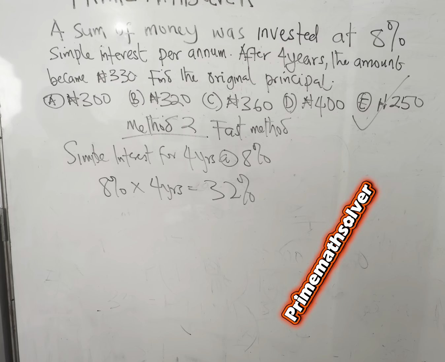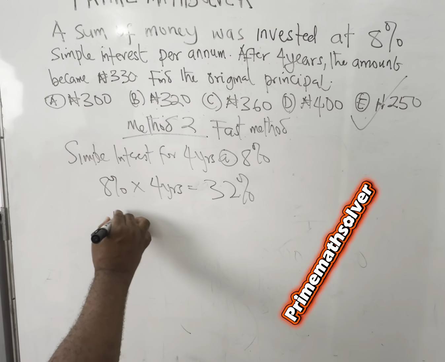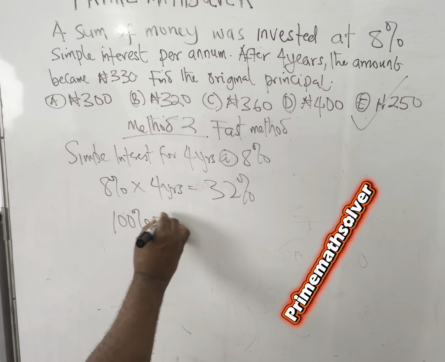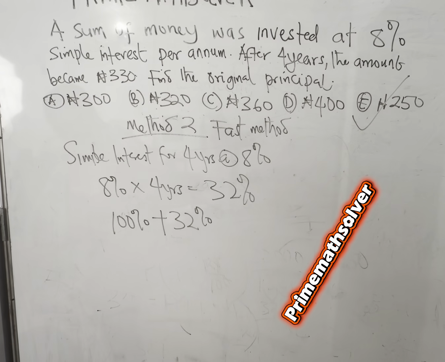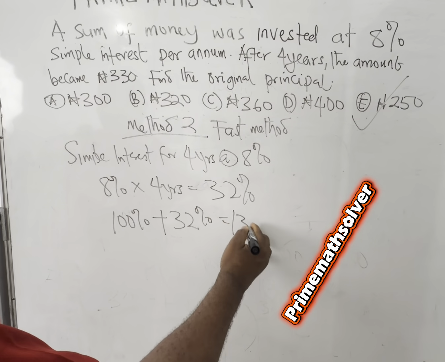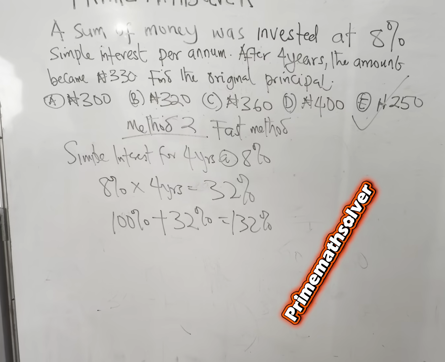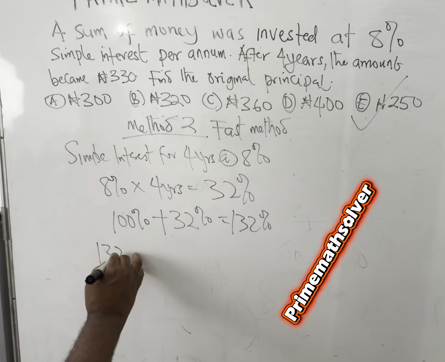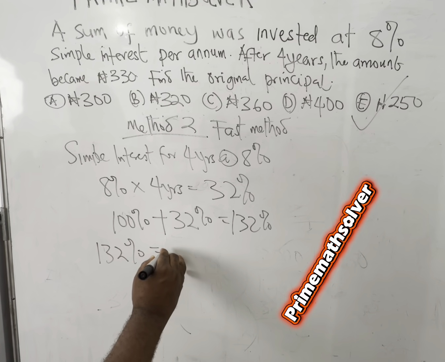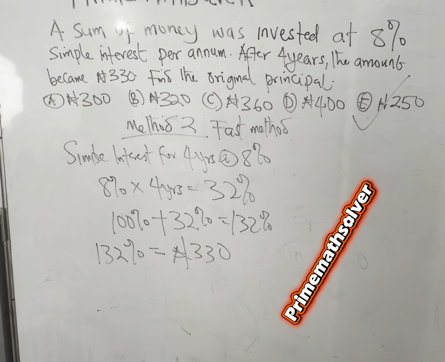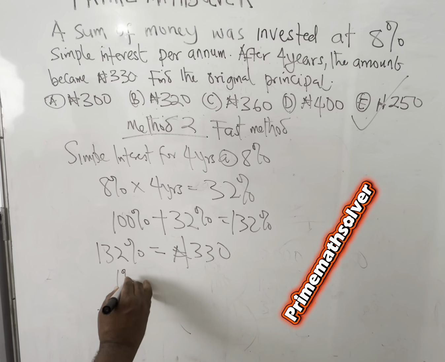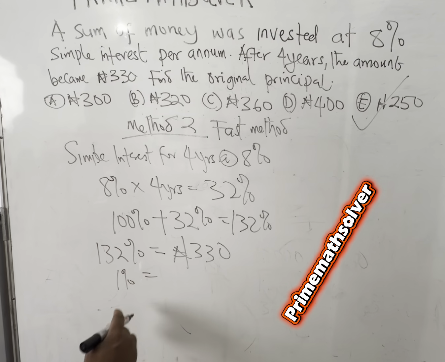So this means that the amount is 100% plus 32%, which will now give us 132%. So if 132% is equal to 330, therefore 1% will be what?